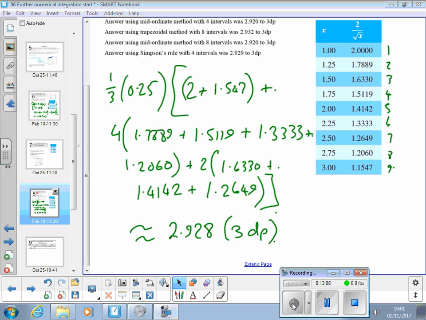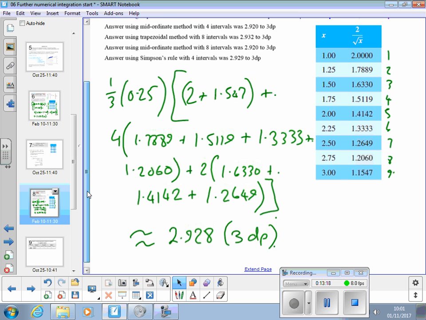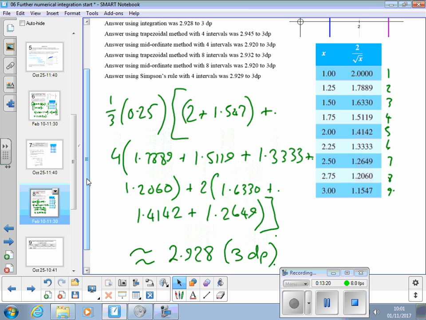So that 3.928 to 3 decimal places using 8 ordinates with Simpson's rule is exactly the same as the answer to 3 decimal places using mathematical integration methods. So on the surface, Simpson's rule is likely to get you the closest to the actual value of the integral, on the evidence we've got so far.